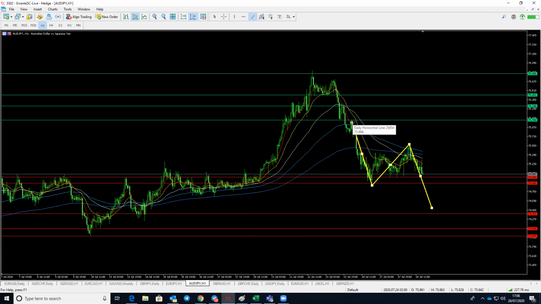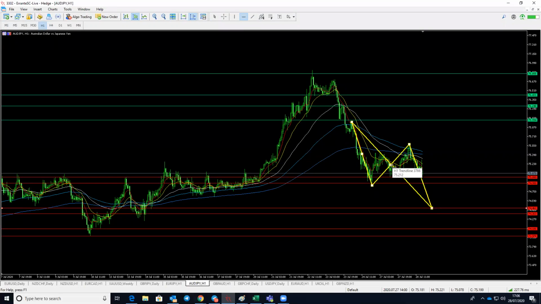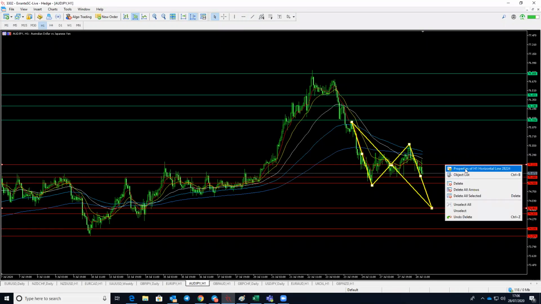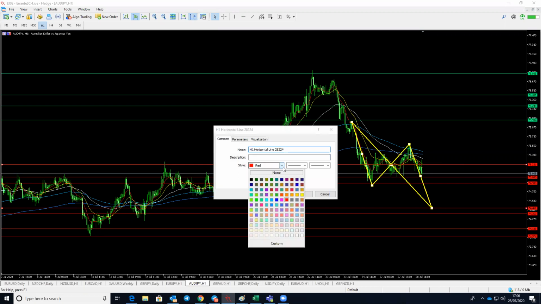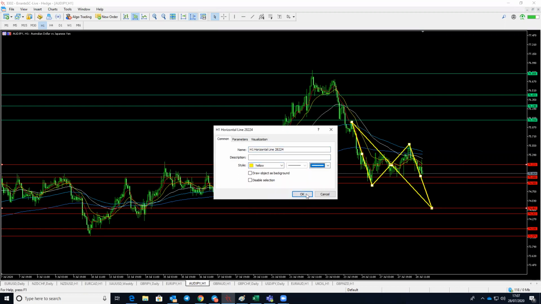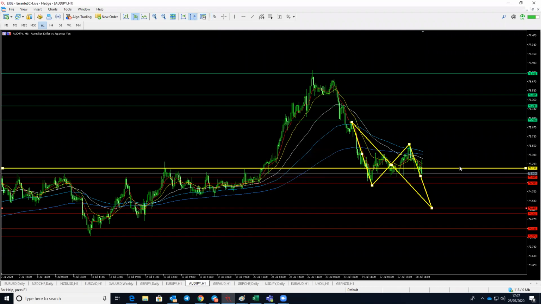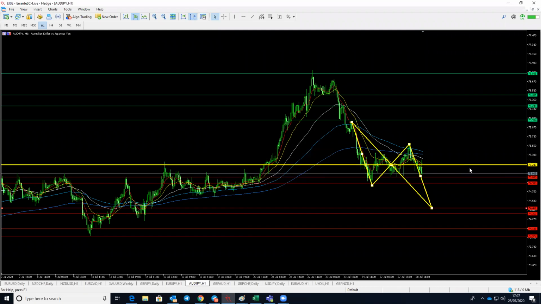With the geometric pattern, you're able to look not only at where you can exit, but also where you can actually enter. That is based on this one here, the centroid, as I call it. There you go, the centroid is marked there, the yellow line. Even the yellow line is giving us 75.20. So it's only at 75.10 that you can sell, or under 75.00.